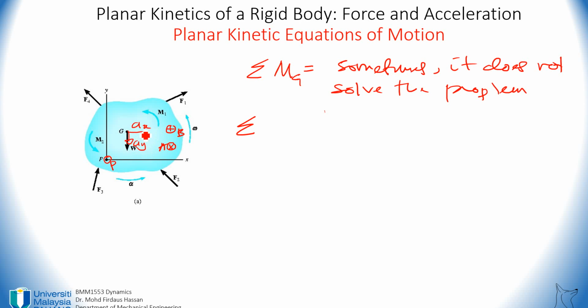Doesn't matter, the direction of A doesn't matter. Maybe in this direction AX, maybe in this direction negative AX, doesn't matter. But A must be referred to point G. So instead of point G, you get summation of moment at point P. It is equal to summation of moment due to kinetic.